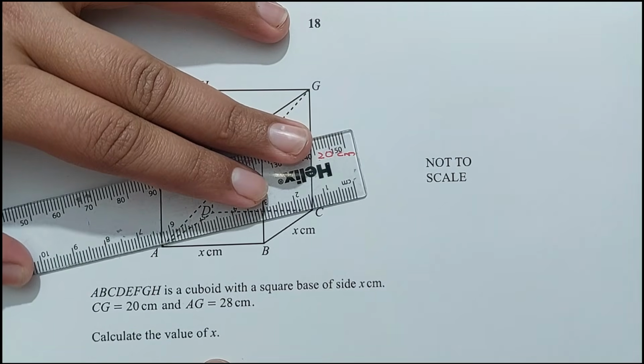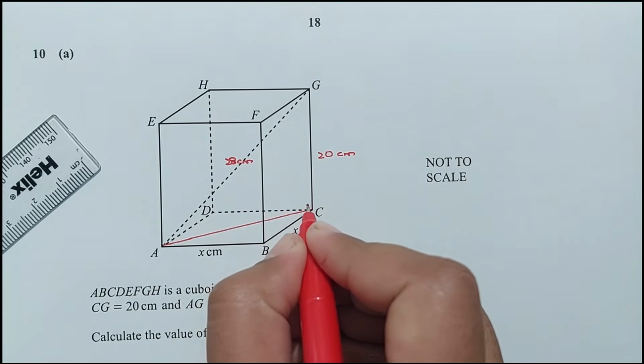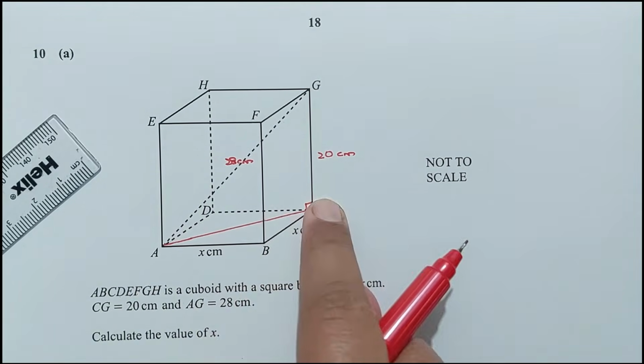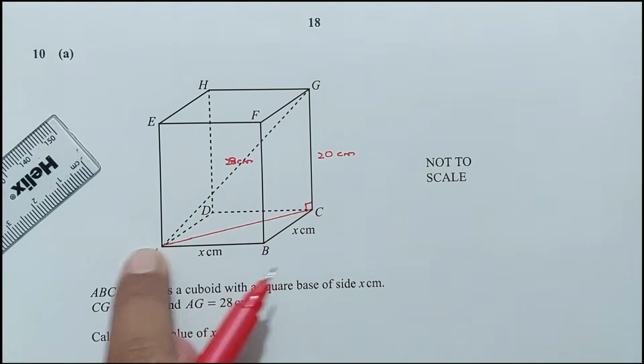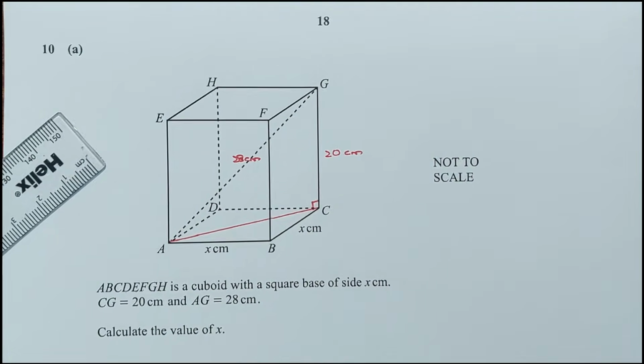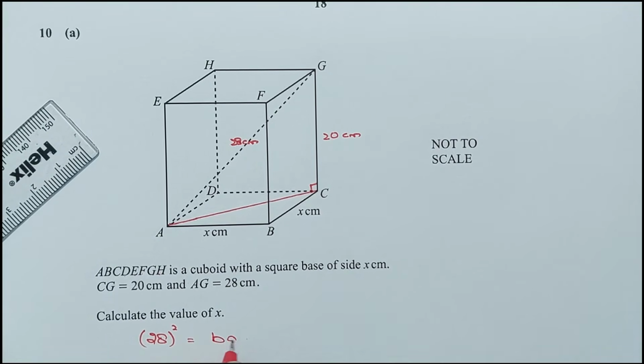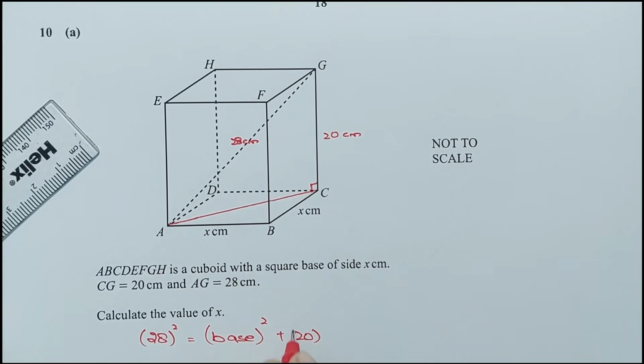If I connect A with C, this should be a right angle triangle. ACG is a right angle triangle. We have the hypotenuse and the perpendicular. Let me solve for the base by using Pythagoras theorem. So hypotenuse square equals the base square plus 20 square.